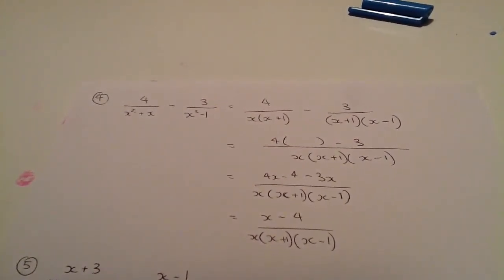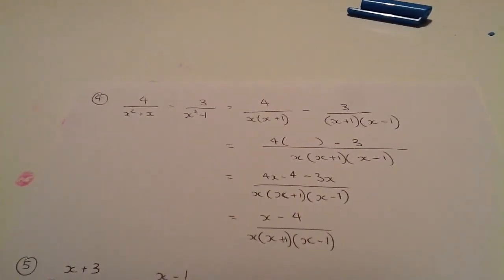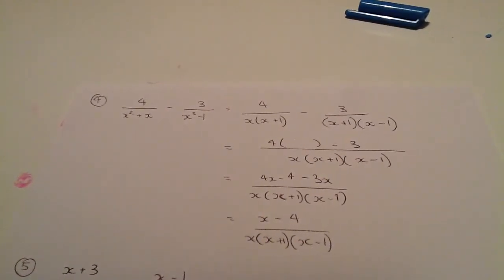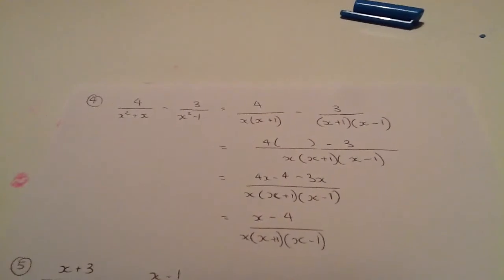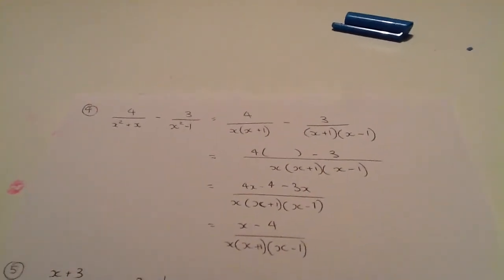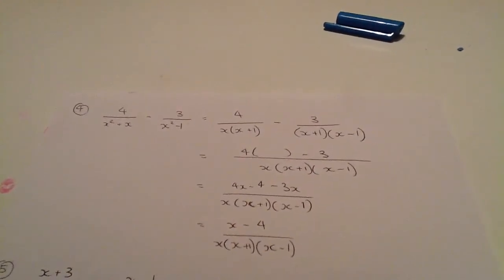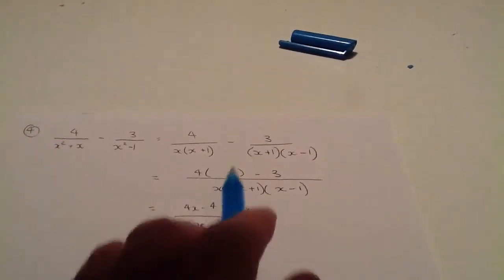factorise the denominators. So take out a common factor of x, leaving us with x times x plus 1. In the second fraction, it's a difference of 2 squares, so x plus 1, x minus 1. We already have x plus 1 in both of the denominators, so we don't need to multiply by it twice.